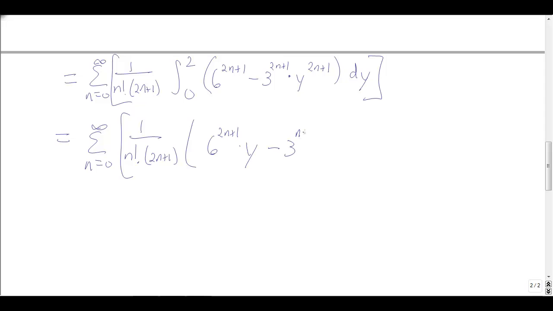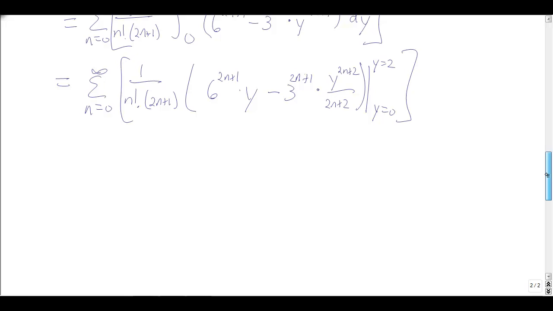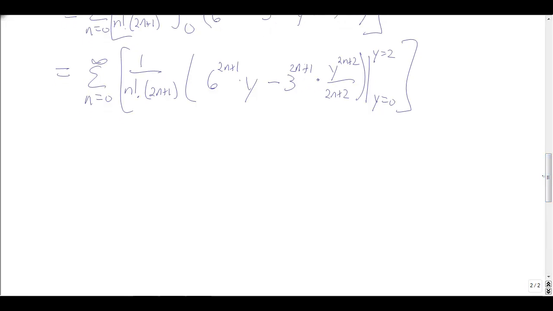Minus, I have a 3 to the 2n plus 1. And then I add 1 to my exponent, so I get y to the 2n plus 2 over 2n plus 2. So I get that, and I should evaluate from y equals 0 up to y equals 2. And now we've gotten rid of the integrals, at least. Well, we've got to evaluate at y equals 2 and y equals 0.